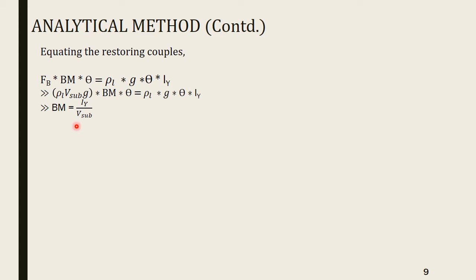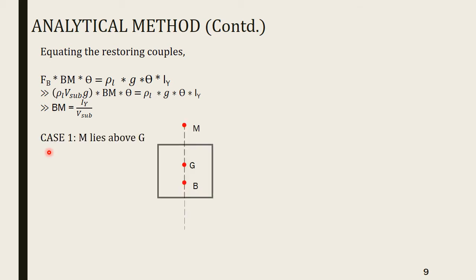Now, like we defined, metacentric height is the distance between the metacenter and the center of gravity, that is MG. M is our metacenter. And so there are some cases that we will have to discuss. Case 1 is when the metacenter lies above the center of gravity.